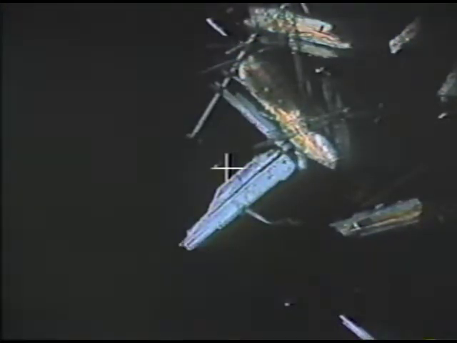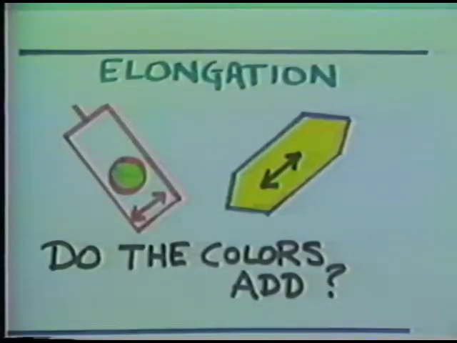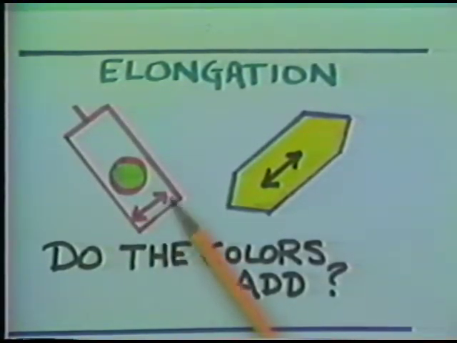Okay, just a summary then of this determination of elongation shown by this diagram. Here's our accessory plate, which is inserted in the microscope in such a way that we know the position of the slow ray.